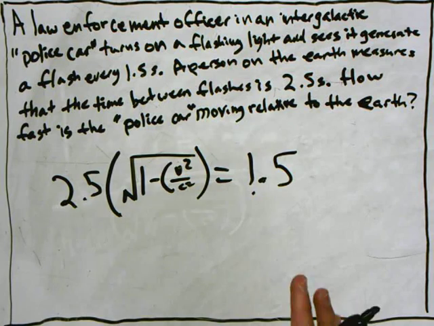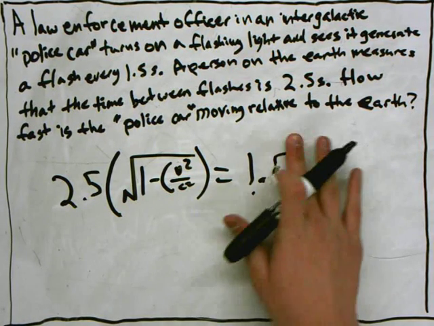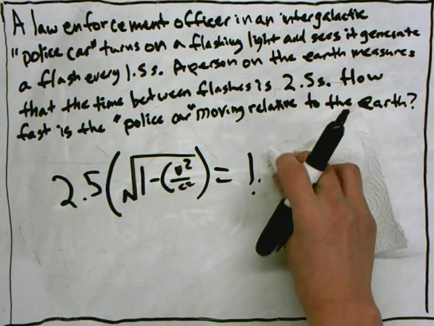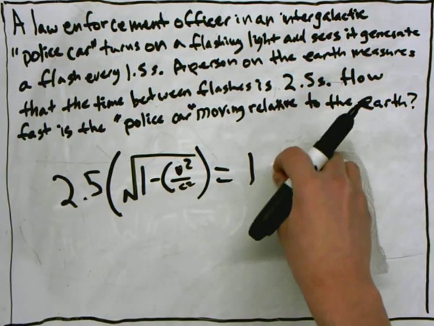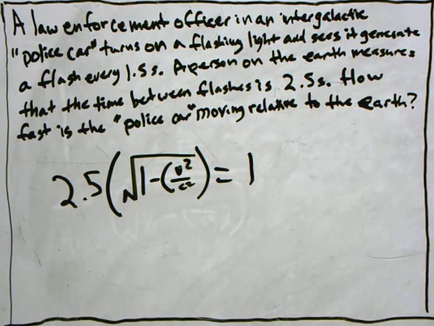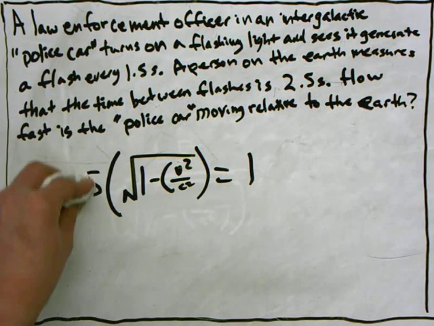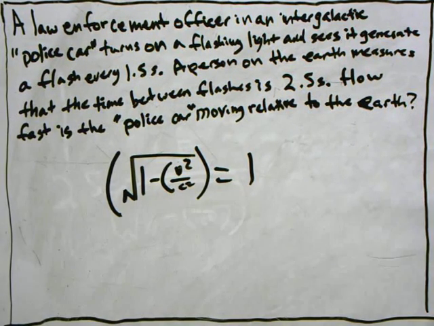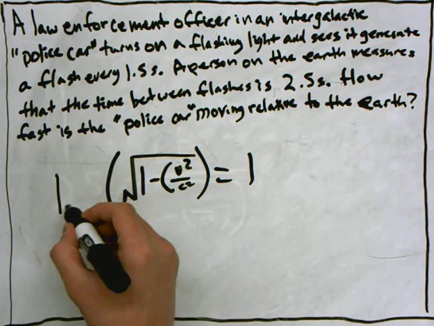Sorry, calculator issues. Okay, when we do that, we get 1.6 repeating, which equals the root of 1 minus v squared over c squared, so we divide both sides by 1.6 and get 1 over 1.6 for now.